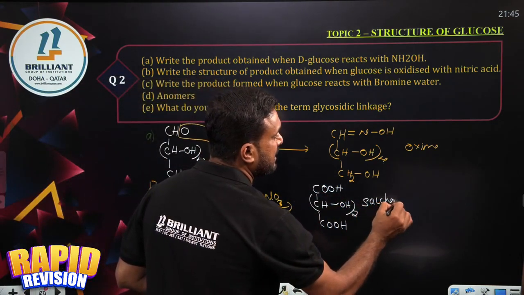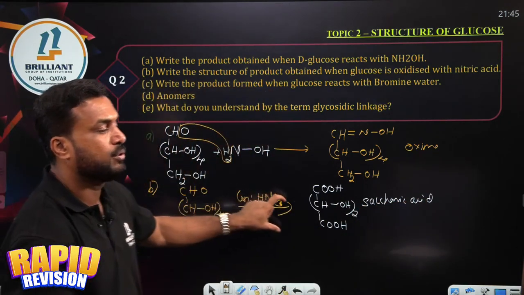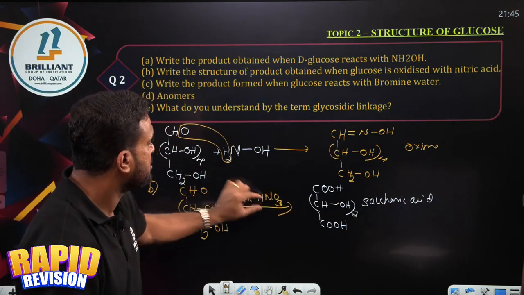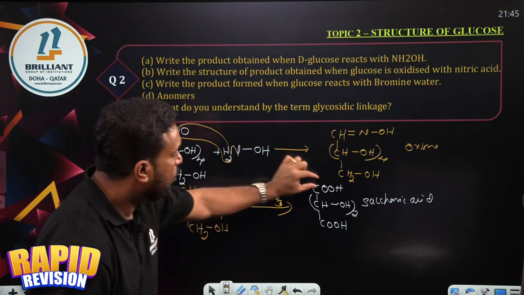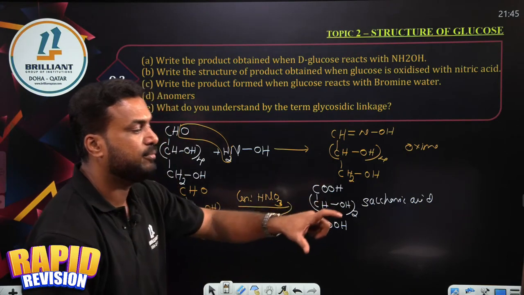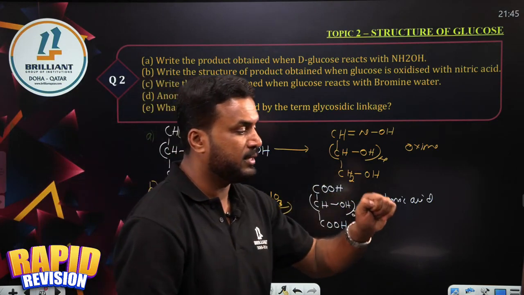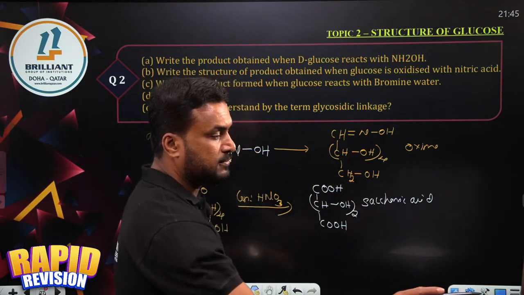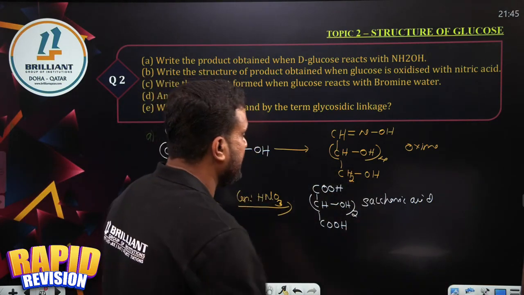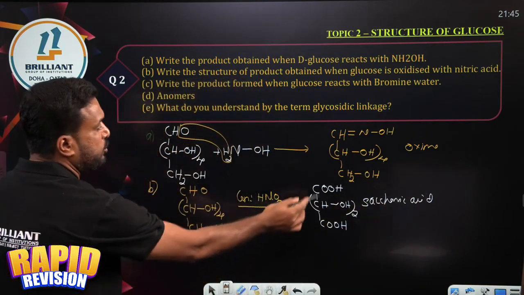So we get saccharic acid when glucose reacts with concentrated HNO3. Instead of concentrated HNO3, if you use bromine water, only the top will be COOH and the bottom will remain CH2OH. The name of that compound is gluconic acid.